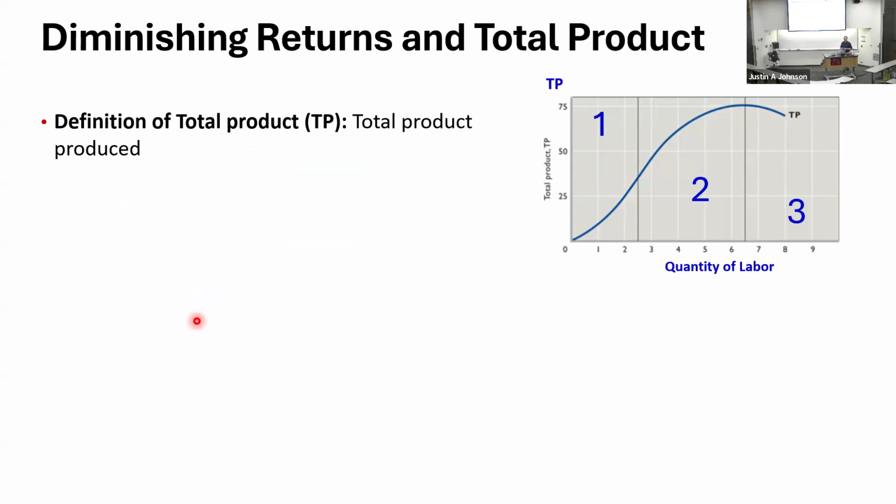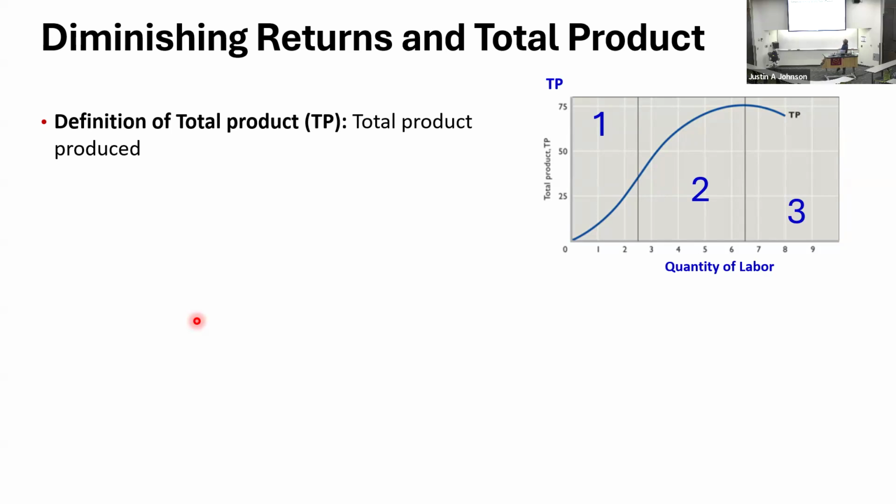But first, we got to talk a little bit about the law of diminishing returns. And so if you want to increase production, this production function at least says that you got to increase these inputs. So you want to produce more, plug in more labor or more capital or more natural resources, or probably more of all of them. And you will get more product that comes out of it.